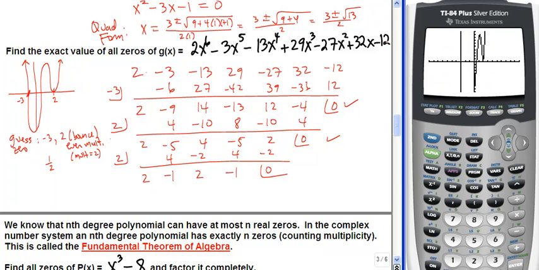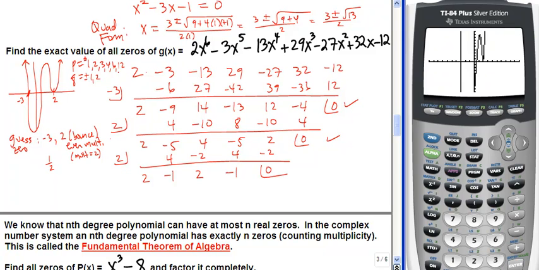So the p's would come from this 12, and the q's would come from this 2, and the factors of 12 would be 1, 2, 3, 4, 6, and 12, and the factors of 2 would be 1 and 2. Let me write those all out. So 1, 2, 3, 4, 6, and 12, plus or minus, and the q's would be factors of 2, which are 1 and 2.